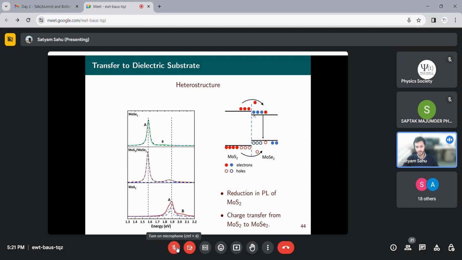The electrons like to go to the lower energy level before they come back to the valence band. So most of the electrons are jumping from the MoS2 to the MoSe2 side, and that's why more carriers are recombining on the MoSe2 side, giving more light from MoSe2 and less light from MoS2.